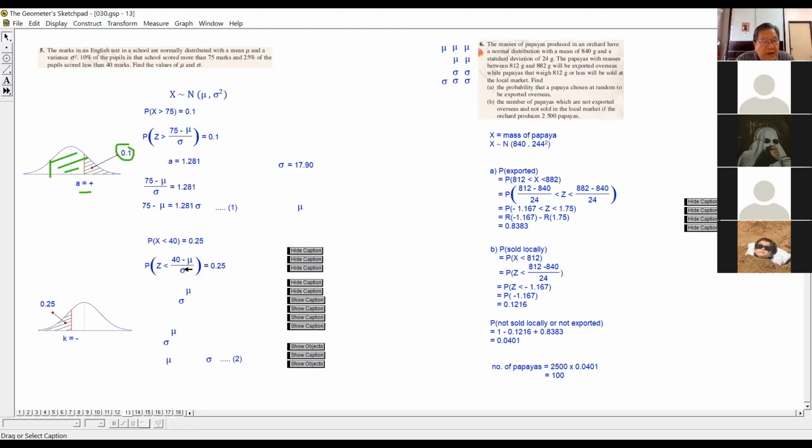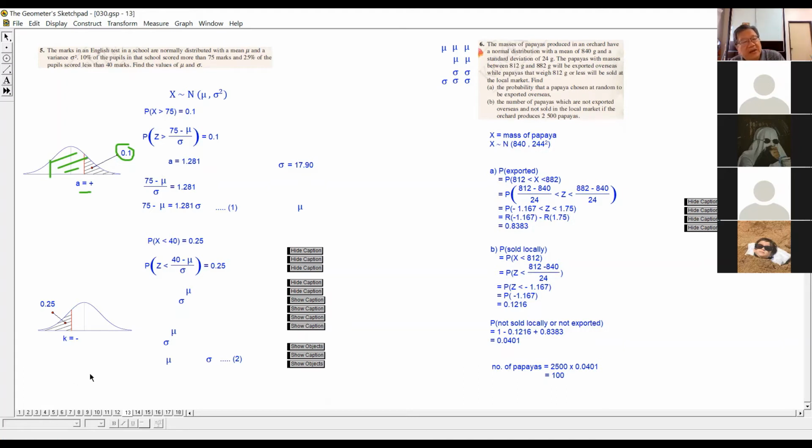So this z score, less than this z score is 0.25. This situation is illustrated in the diagram below. So this is my z score, k, and less than k is 0.25.